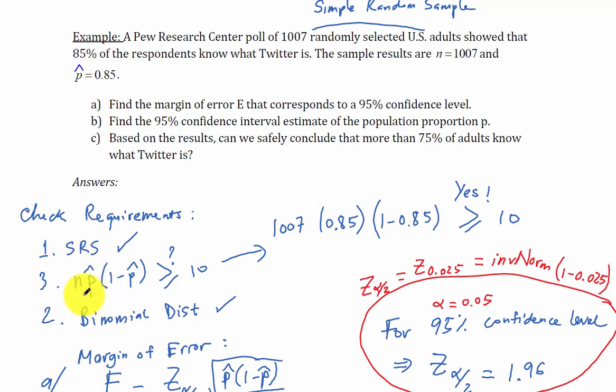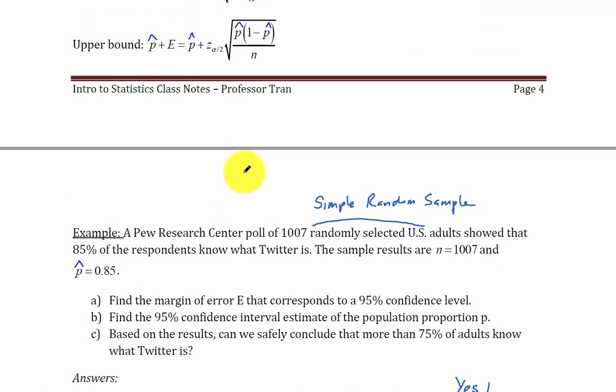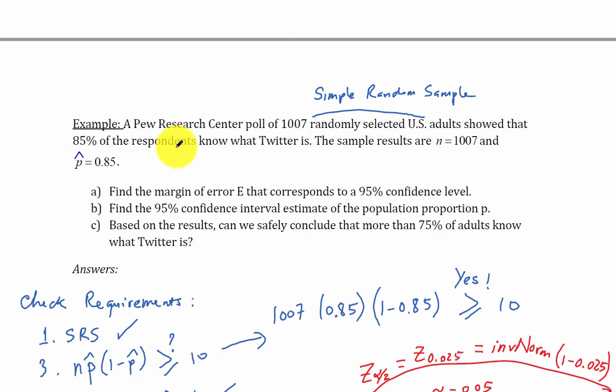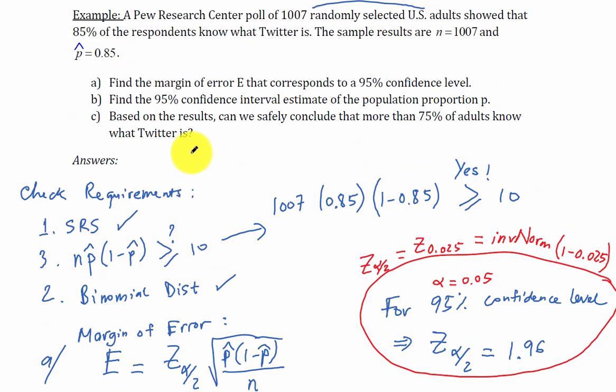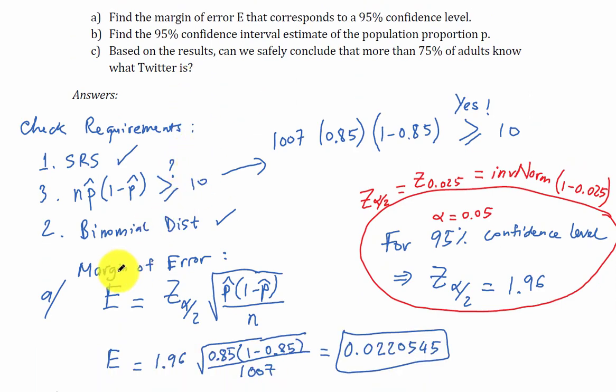So that is the success p hat. And 1 minus p hat, which is 1 minus 0.85. Altogether, this number on the left side is bigger than or equal to 10. So yes, we can use the rules above to find the upper and lower bounds for the confidence interval. And before that, let's find the margin of error.